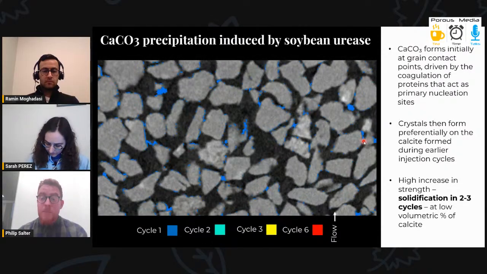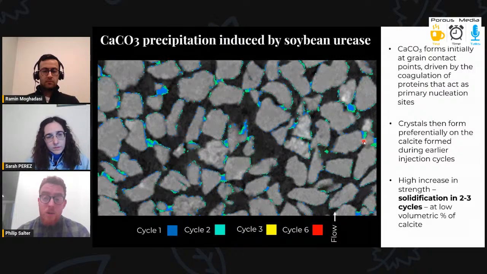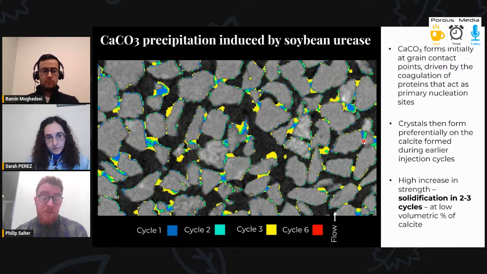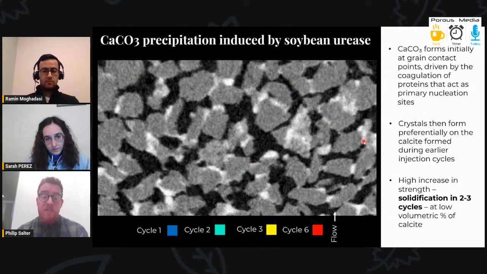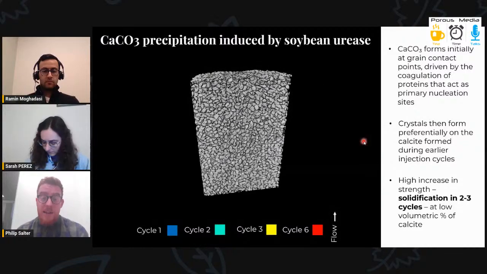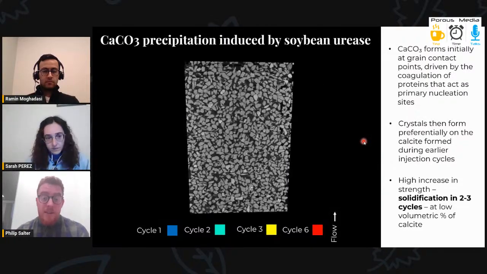And then, as we might expect, the crystals that form during later cycles form on the calcite that was formed during the earlier injection cycles. And due to this, we see a high increase in strength with solidification of sand in just 2 to 3 single-phase cycles at a low volumetric percentage of calcite.